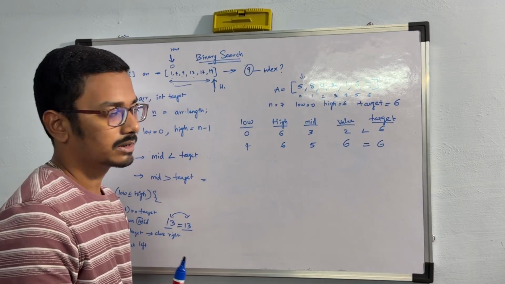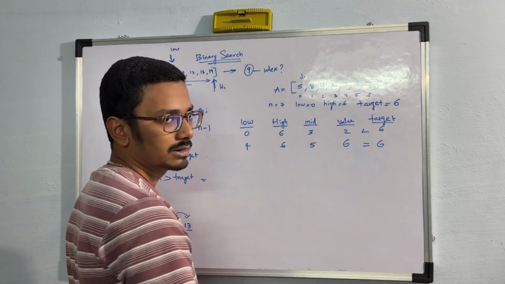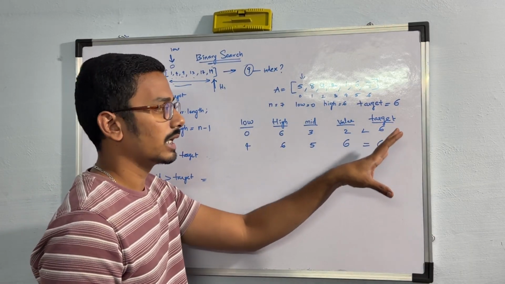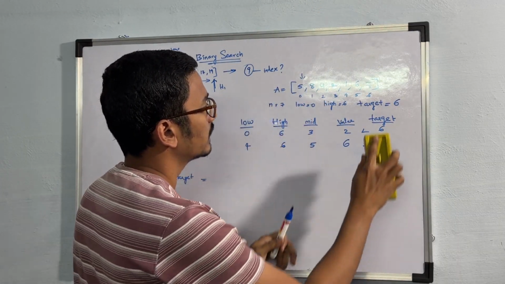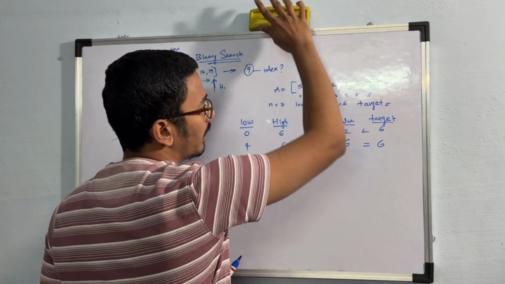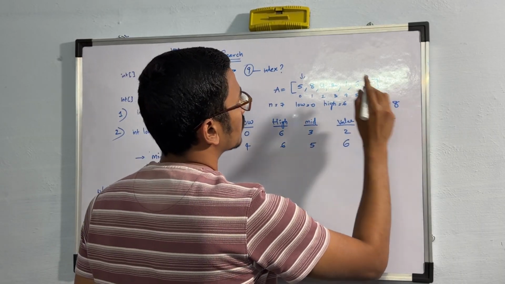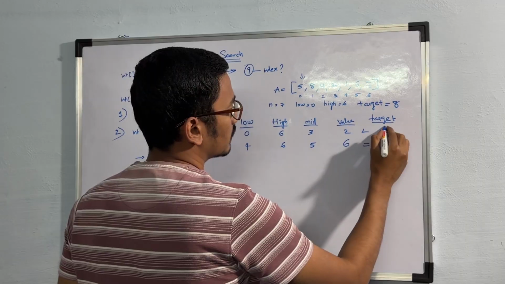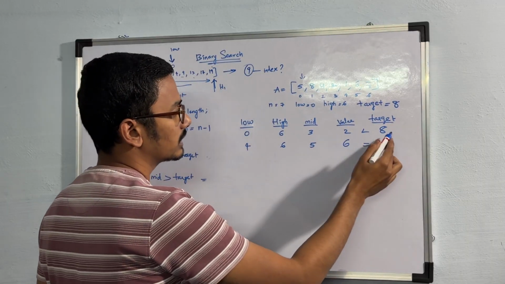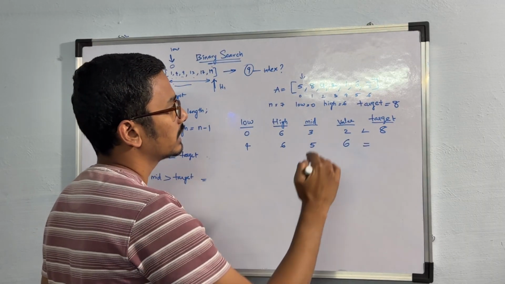If I take one more example, the same array, but I'll change the target value now. Randomly I'll take 8 as the target. So the target now becomes 8. The same condition: 2 is less than 8. So we just have to go to the right and check.